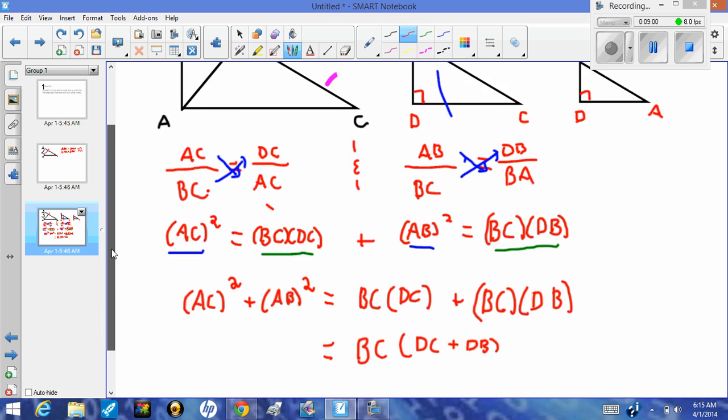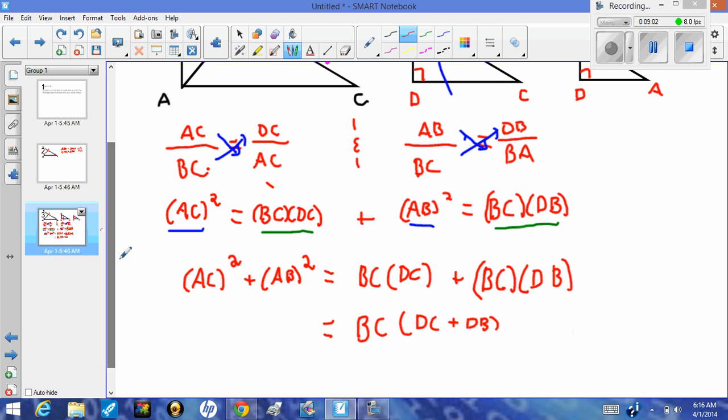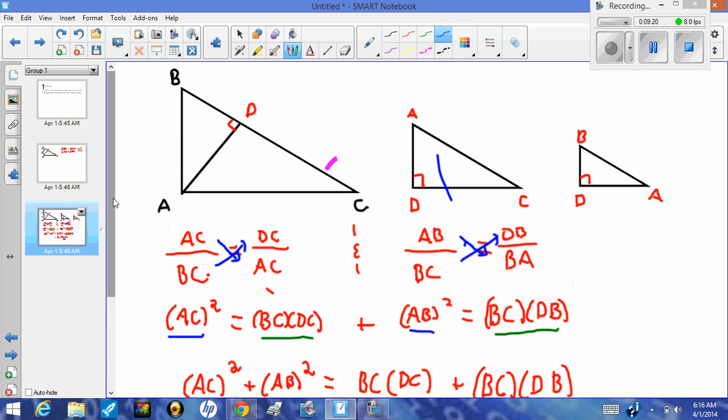Okay, again, the left side remained the same. Now, if I look at DC plus DB, I'm going to need my triangle up here, which we can't see. I'm going to show you that this is actually side BC.